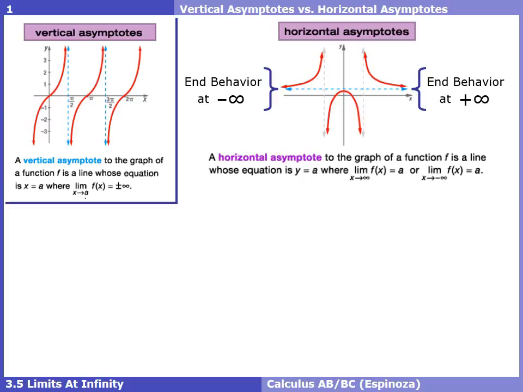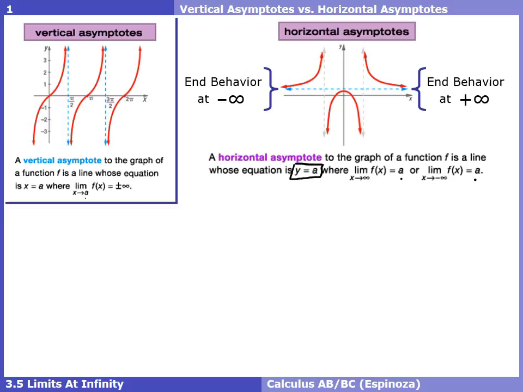The same can be said if we take the limit of a function as x goes to negative infinity. If we get a constant as an answer, that's what the a is in both of these cases, then we know a is our horizontal asymptote. Or in other words, y equals a will be the horizontal asymptote.